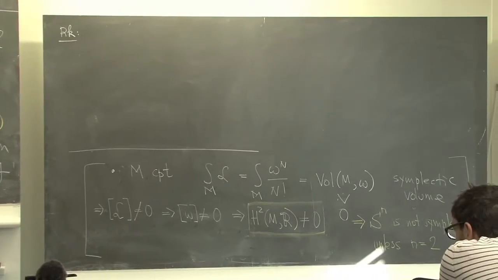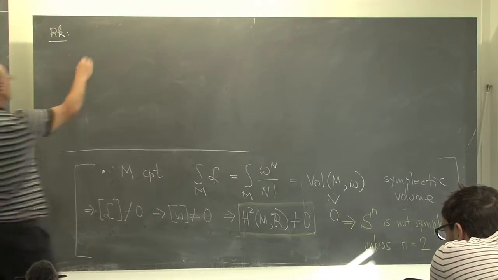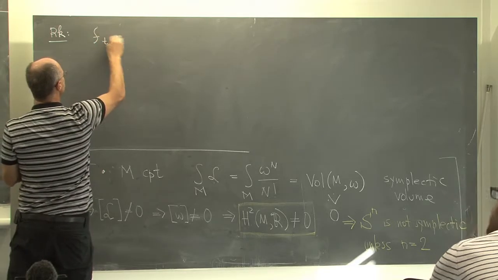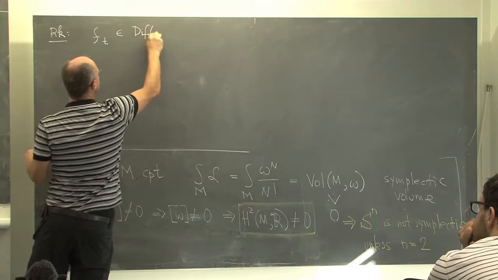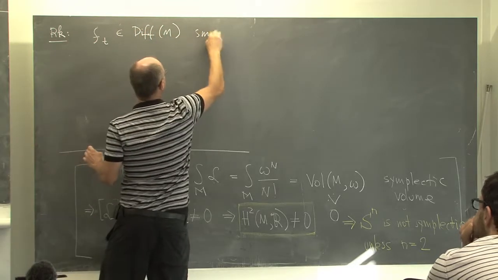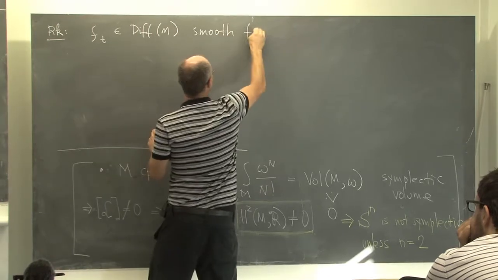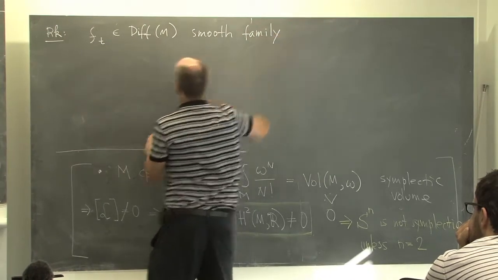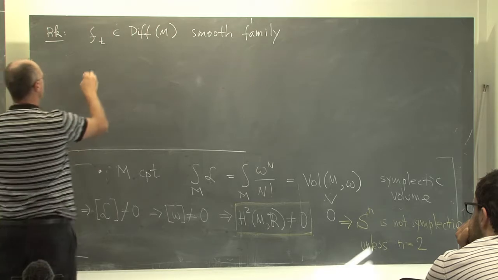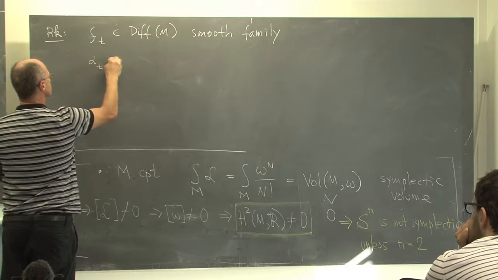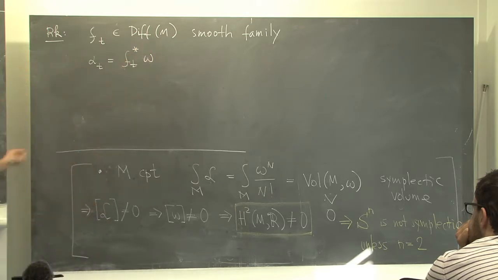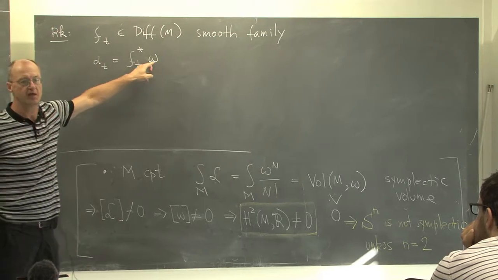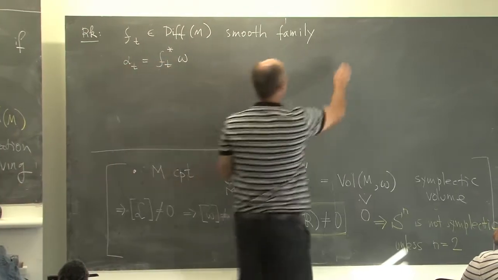So suppose that we have a smooth family of diffeomorphisms of M, and let's define the two forms alpha t as pullbacks of omega under Ft.